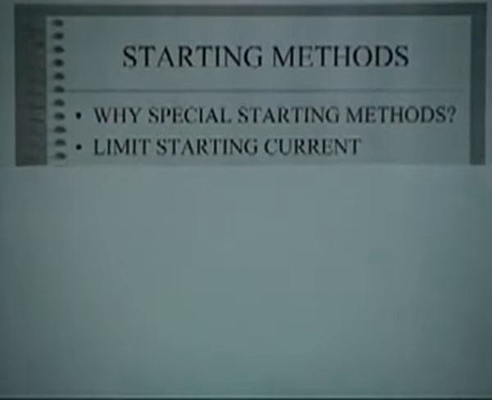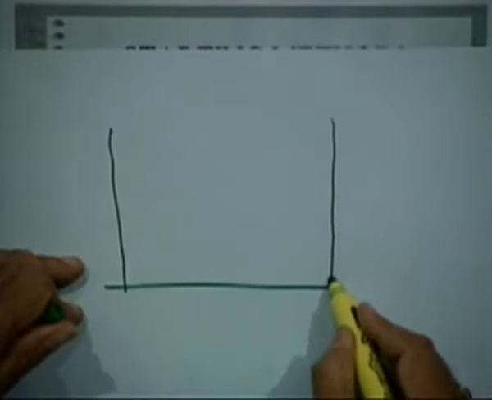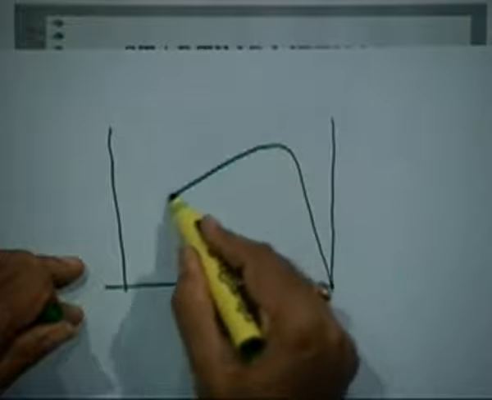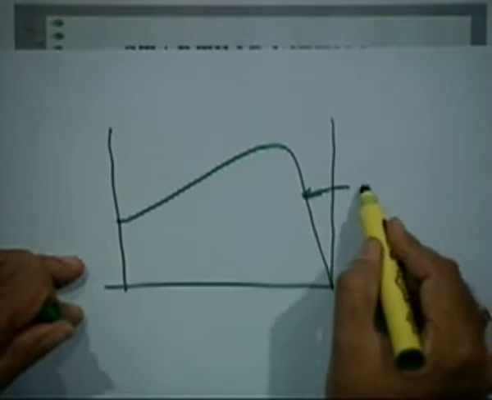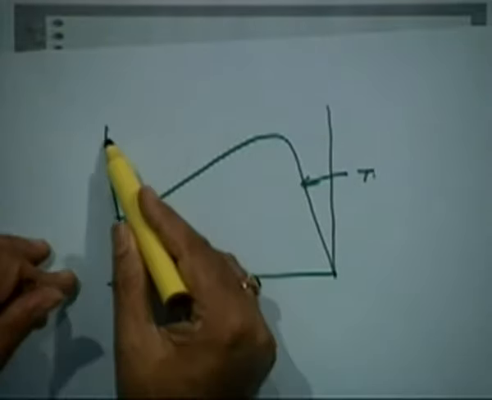One is we have to perforce limit the starting current. See, if you look at the normal characteristics of a machine, torque speed characteristics or the current speed characteristics, we get the following. This will be the torque and this will be the current.